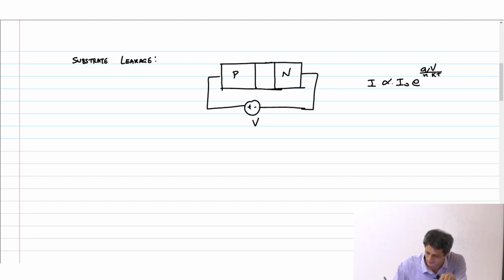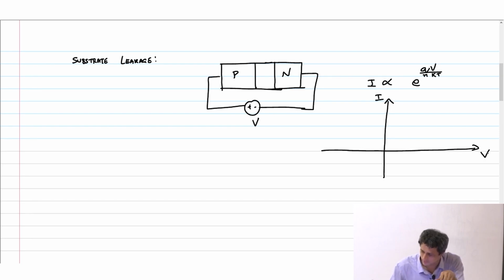Let's leave it at this, proportional to this, which means there could be an exponential current with the forward bias voltage that you are applying.